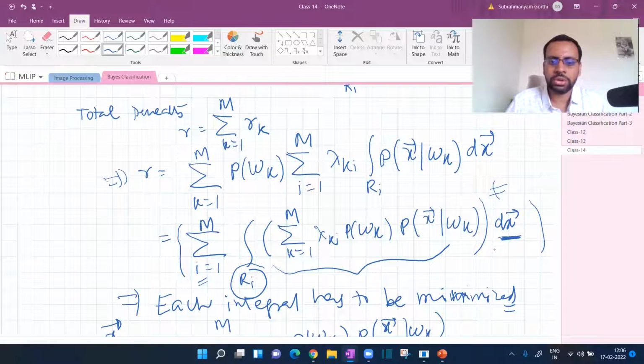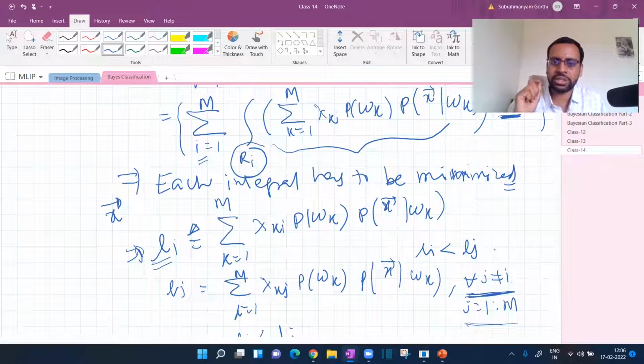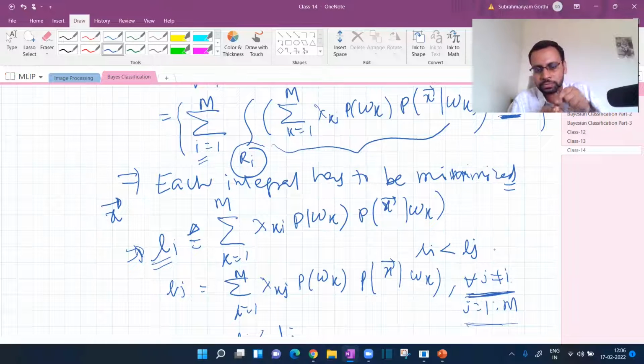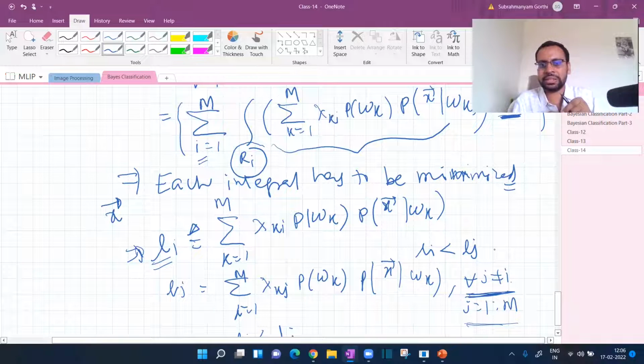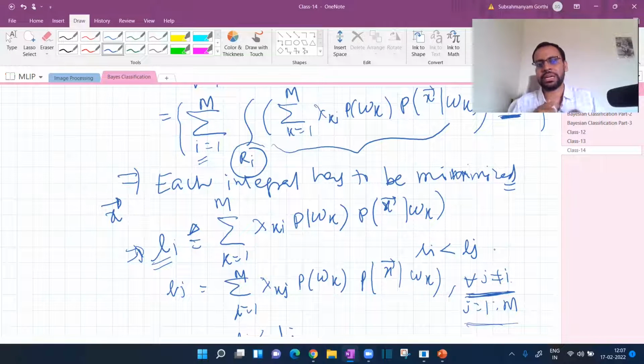So that is how you would choose to assign x bar to which class. All you do is, suppose I have given this x bar to a particular class, what is the penalty that I am getting? So you calculate all possible penalties here, and the one which gives you a minimum penalty, to that you will assign it.